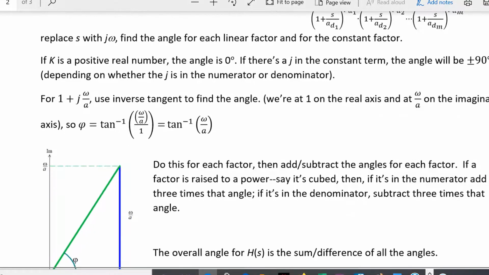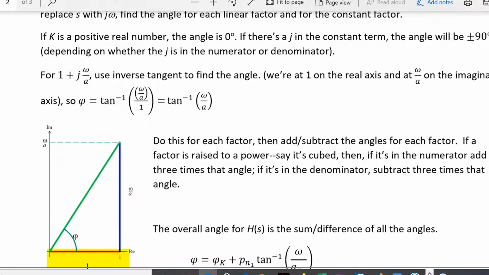So what about the other linear factors, the 1 plus j times omega over a? So it says use inverse tangent to find the angle for that factor. So 1 is on the real axis, and then omega over a is on the imaginary axis.